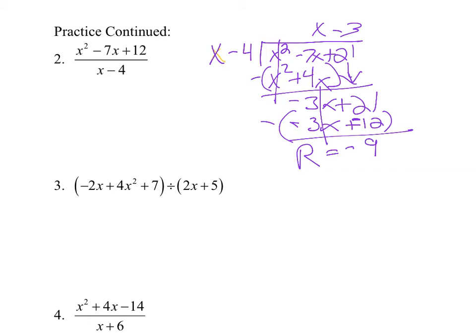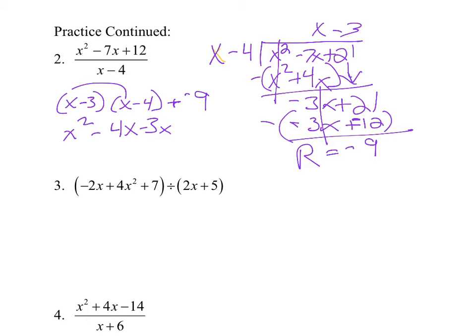Okay, so we're going to check. And I'm going to add that negative 9. Okay, so x squared minus 4x minus 3x plus 12.